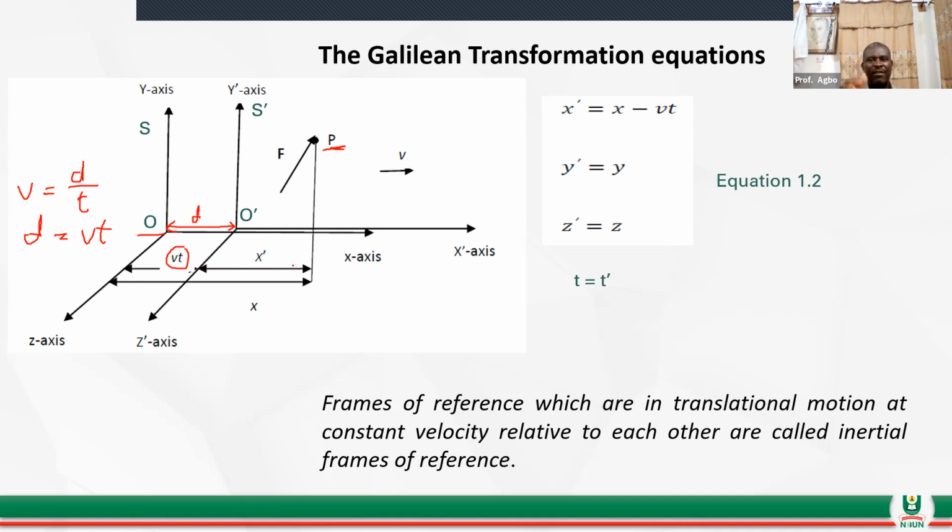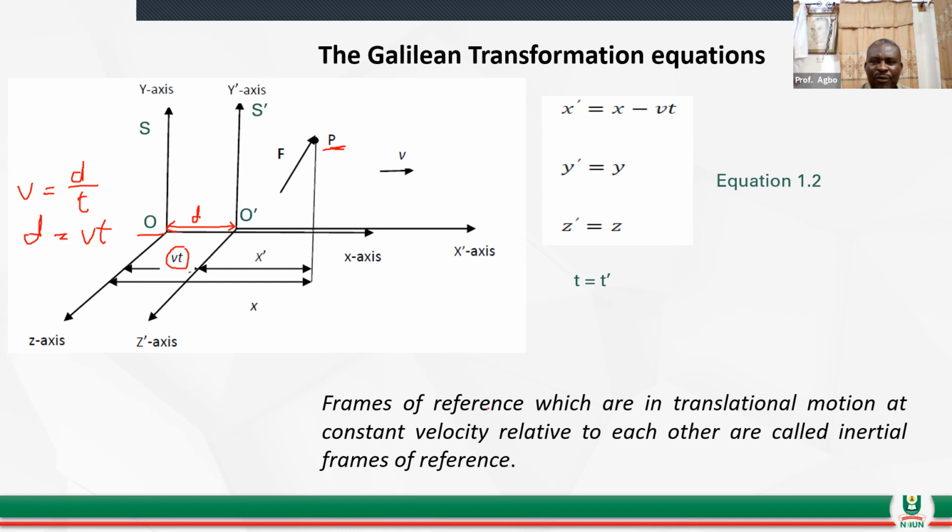There's no movement along the Y and Z axis. The motion is along the X axis. Say this is the force acting on that object, assuming there is a force acting on it. But what they are to measure is an object that is here at the point P.